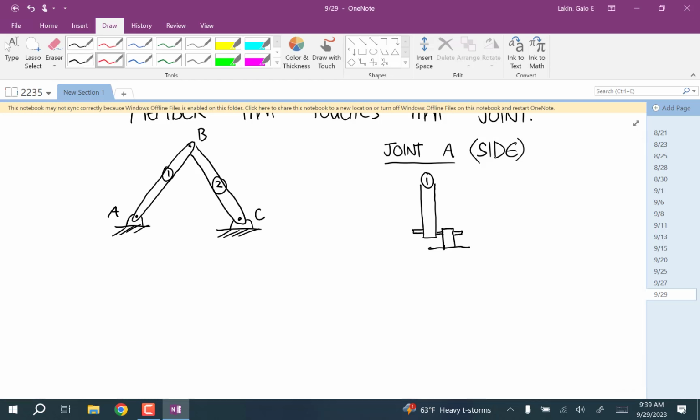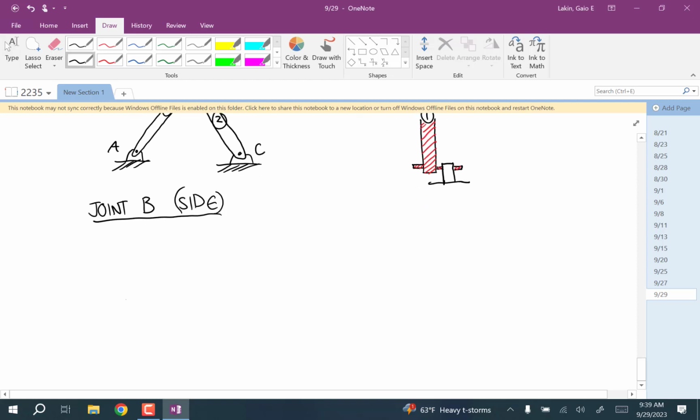Okay, so what's member 1? Member 1, we're lumping the pin in with it. It's the lowest numbered member at that joint. So all of this now is considered member 1. Okay? And now let's go to joint B. Side view. So here's member 1.